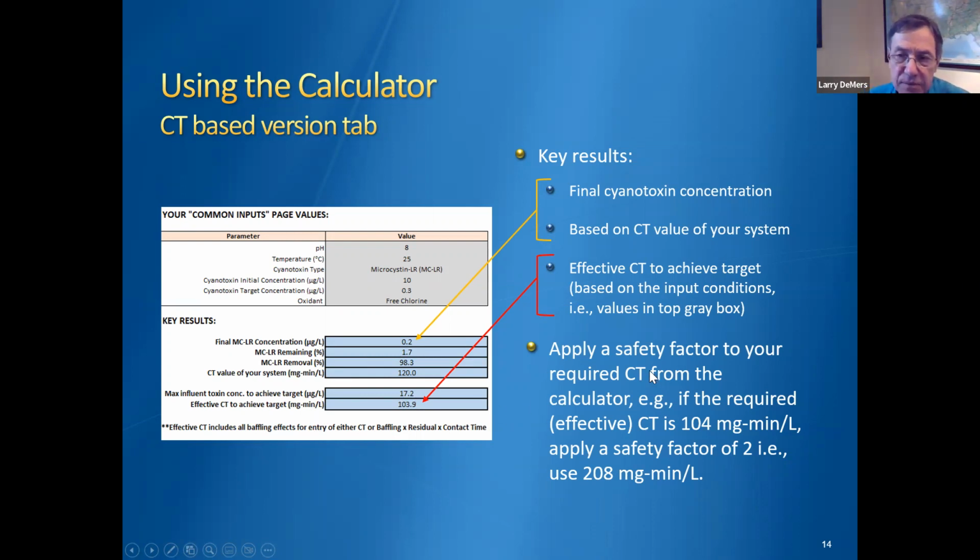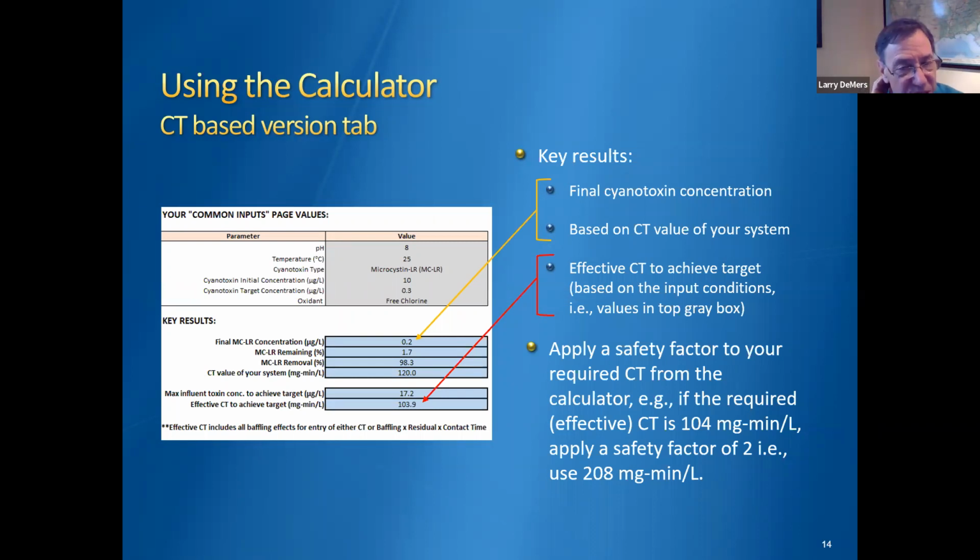Our experience from using the spreadsheet is it's best to apply a safety factor. And the safety factor that we have commonly used is 2. So in this particular case, apply a safety factor to your CT. If you're getting a result of 104, basically double that. Assume that you need 208 just to play it safe.